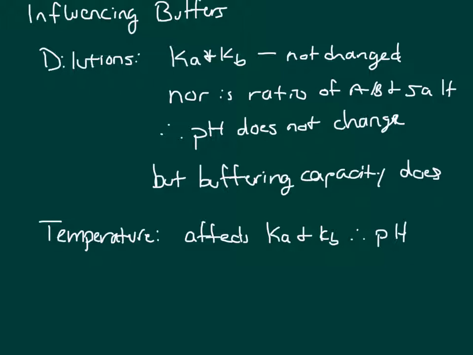However, what does change about a buffer solution is what is called the buffering capacity. Buffering capacity is the ability of the buffer to absorb hydrogen or hydroxide ions. Because there's less buffer present, it has less ability to control any kind of change that exists.